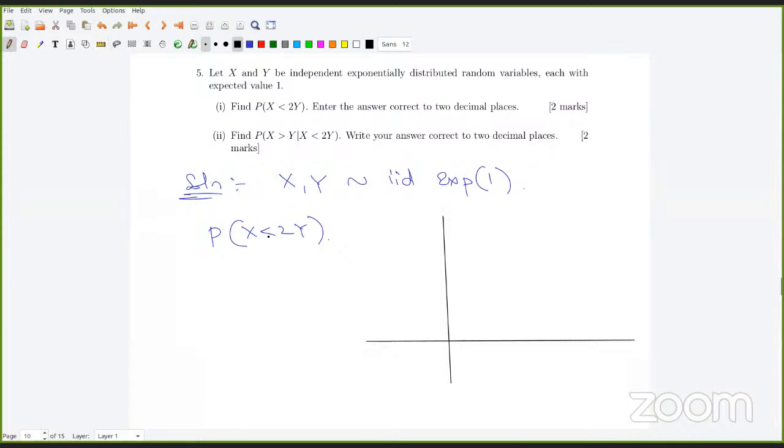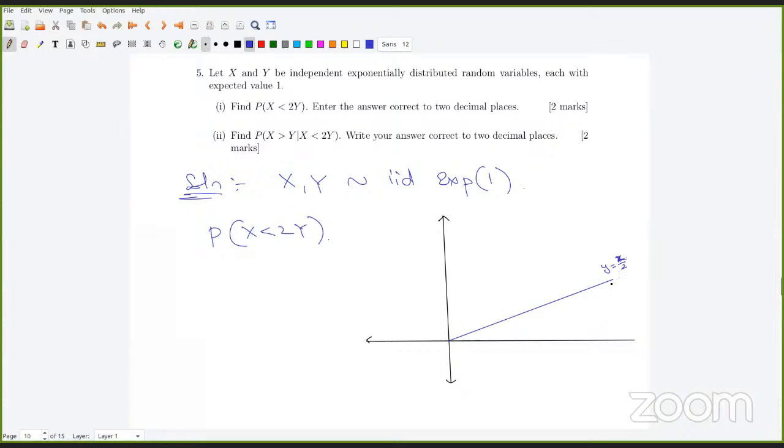So when it is X less than 2Y, you take the line X equals 2Y. It will be somewhat like this, right? This is X equals 2Y, or it is actually Y equals X by 2.